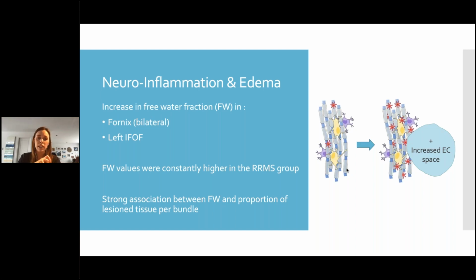Interestingly, the lesion volume of most of the white matter bundles was strongly associated with their respective free water fraction, showing the important contribution of the lesion tissue in the estimated volume of free water. In a neurodegenerative disease like MS, this is a new parameter that can be very useful to indicate active inflammation and edema.